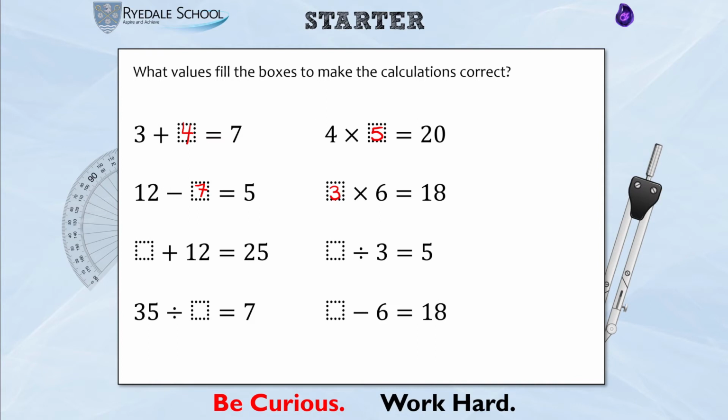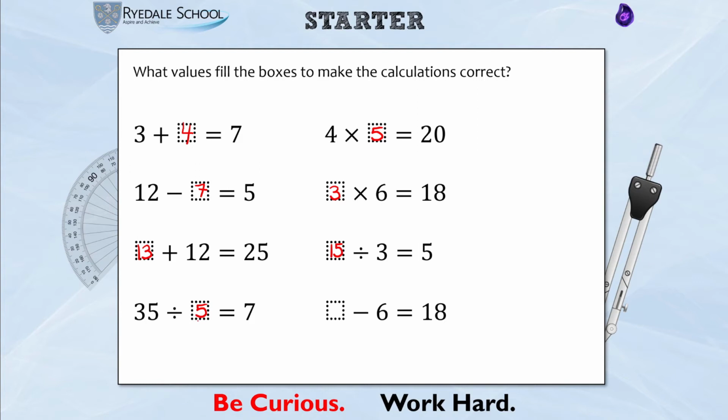Something add 12 is 25. Well, if I add 12 onto 13, I get 25. Something divided by 3 is 5. If I split 15 into 3, the answer is 5. 35 divided by something is 7.